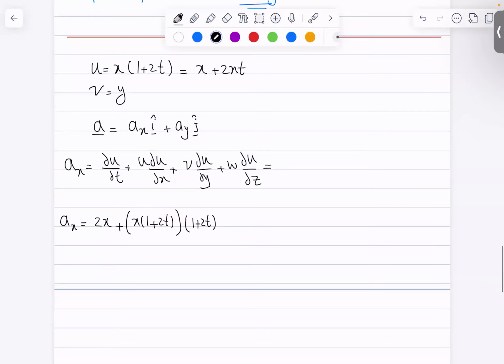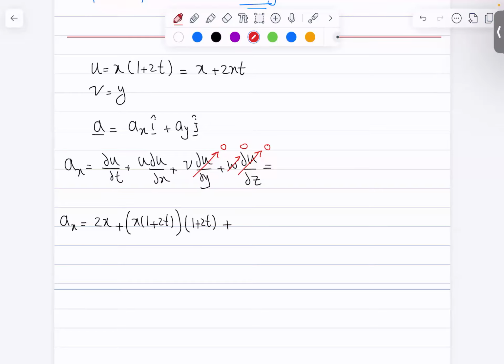Okay, what about v du/dy? So v is y, right? But du/dy is 0, because there is no y in u, so that's 0. And for the same reason, du/dz is 0, and also w is 0.